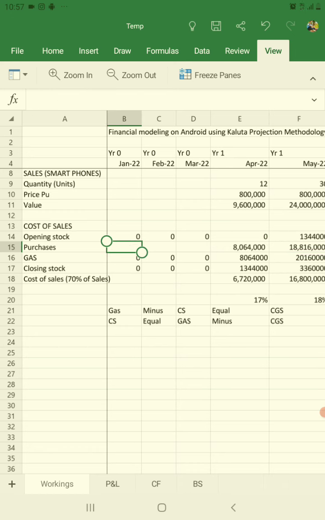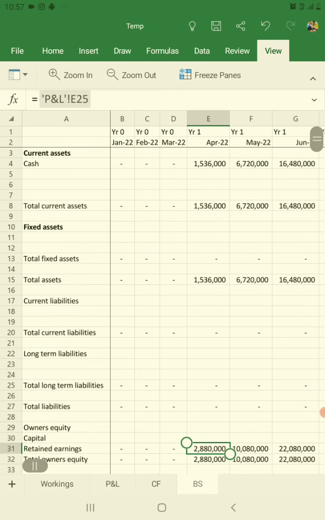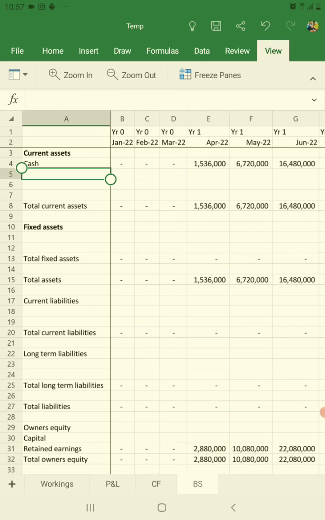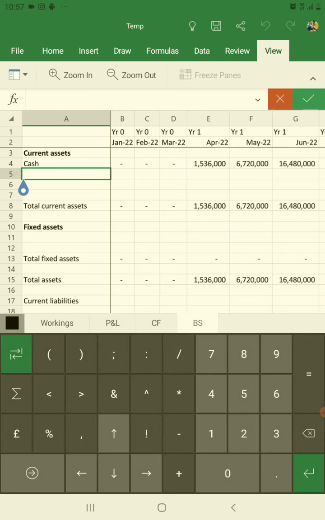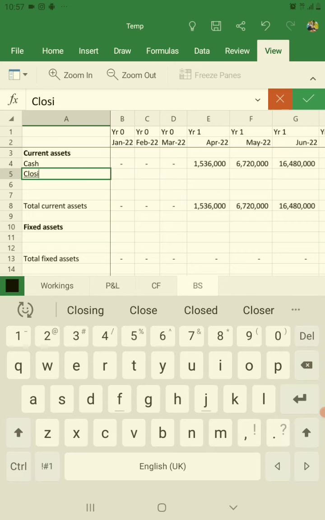Cash purchases. In the balance sheet, now we have introduced a closing stock. So here in the current assets, I add closing stock. Closing stock component.